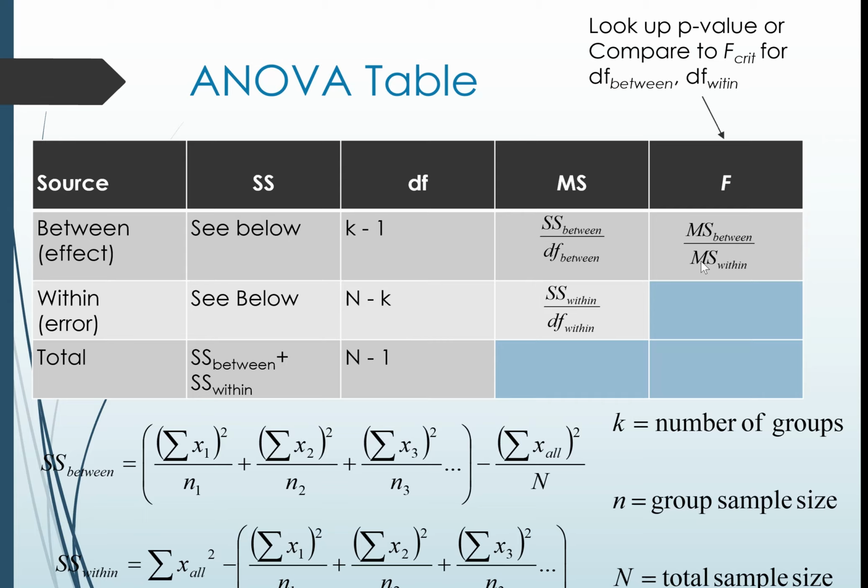Then finally, we would have our estimates of how much error variance is in our design or our data and how much effect variance is in our design or our data. We would divide the within into the between, and that would result in an F ratio. And the higher that F ratio, the more likely we're going to be able to reject the null, but it is dependent on the degrees of freedom for the particular test. So if you're interested in doing this by hand again, you can watch the next video.